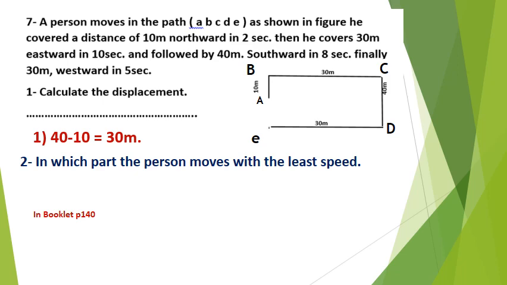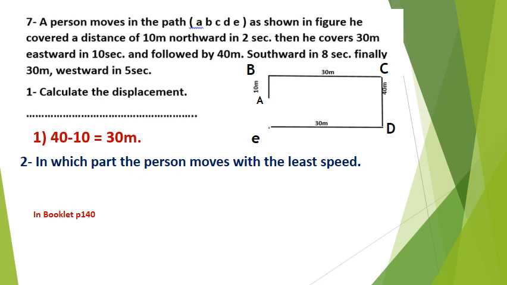Then 10 divided by 2, so the speed here equals 5 meters per second from A to B. Let's calculate the speed from B to C. From B to C, 30 meters. He covers 30 meters in 10 seconds. So 30 divided by 10 equals 3 meters per second.